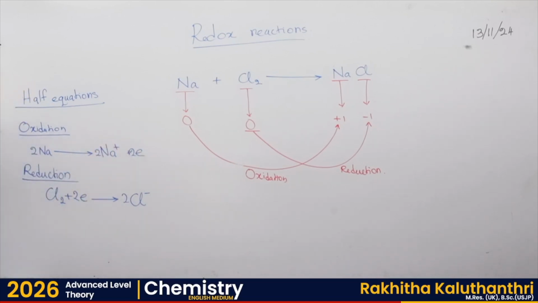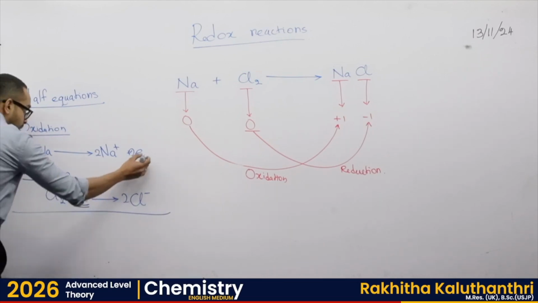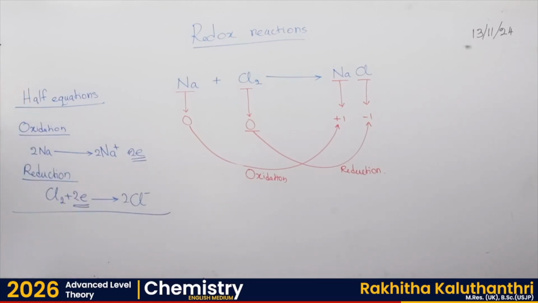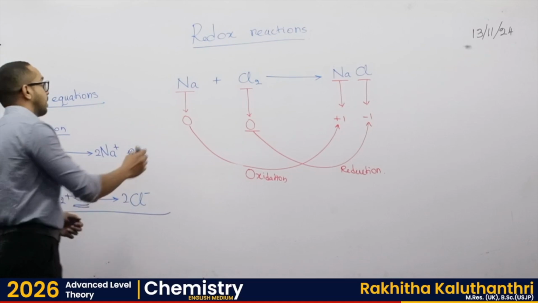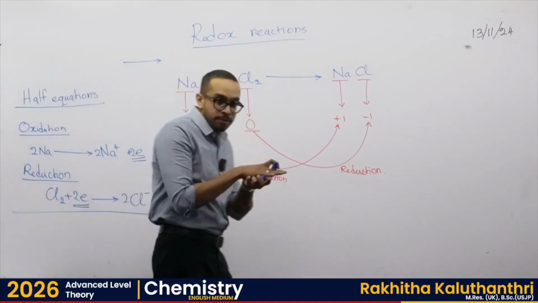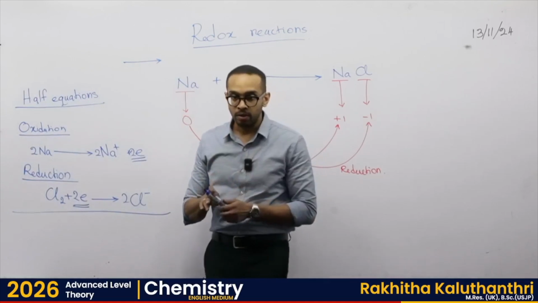Then the electron numbers match. Okay, so if you add them together, you can see the electrons cancel off. These electrons cancel off these electrons. That's another thing you need to keep in mind. When it comes to half equations, you can add them together.